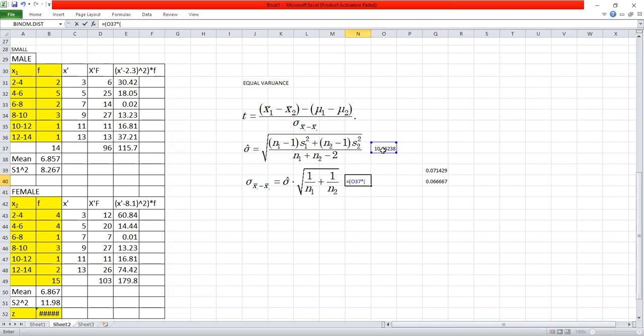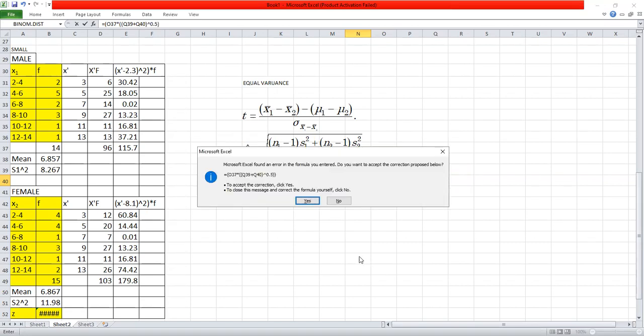Bracket, this figure, bracket, this figure here, plus that figure, bracket, square root, 0.5, close bracket. And we are done. There you go. Good. Close that another bracket.